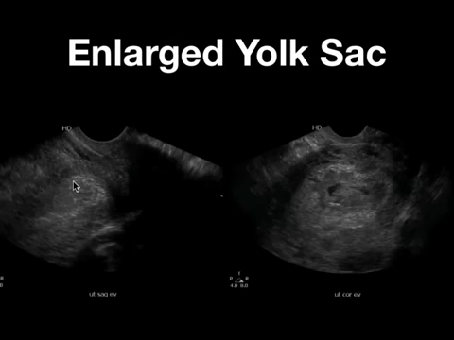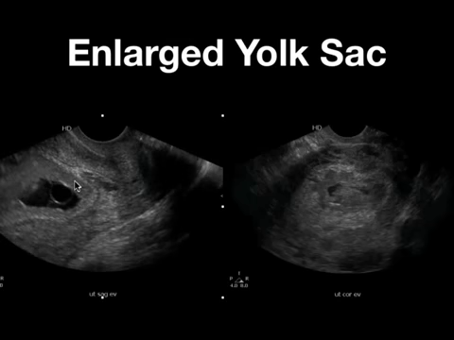Here we've got a patient who also had a pregnancy failure and was in the process of miscarrying. On the sagittal exam here, you can see this is an anteverted uterus here. We're down by the lower uterine segment here, and you can see that the patient has a heterogeneous decidual reaction here. The sac has an irregular shape to it, which is not what you would like to see.